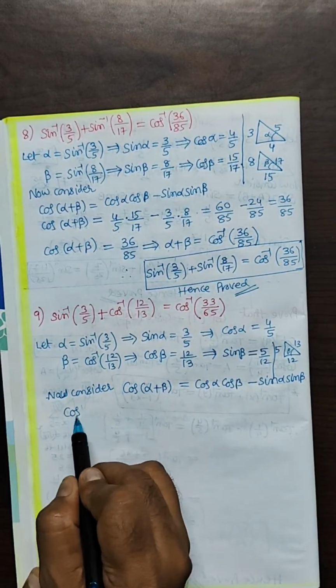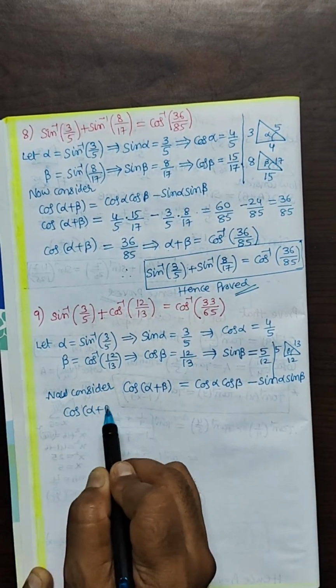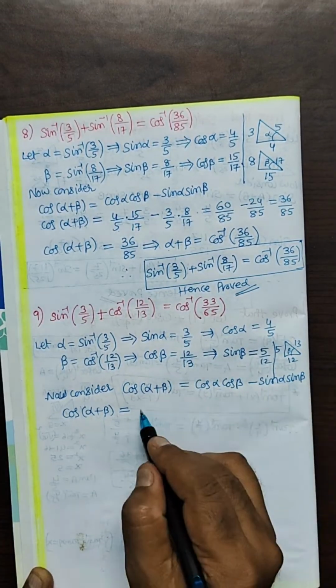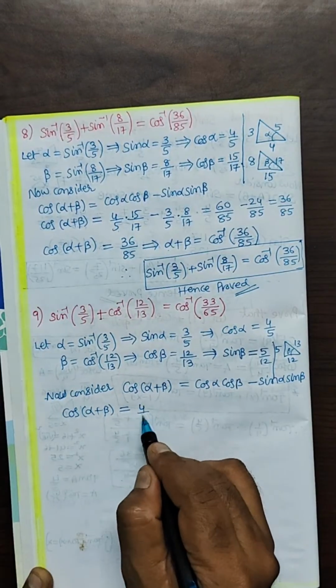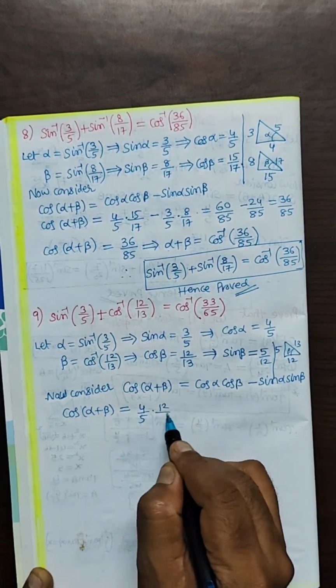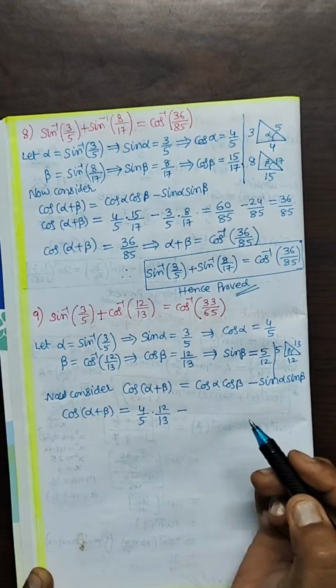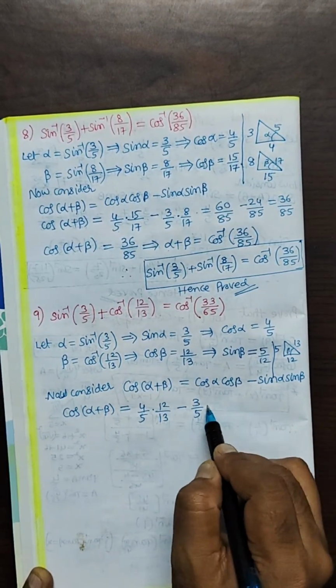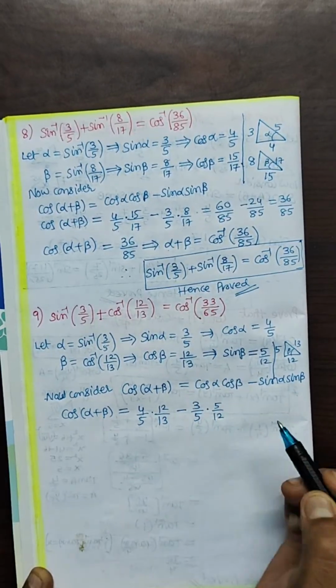So cos of alpha plus beta is equal to cos alpha cos beta. So cos alpha means 4 by 5, cos beta means 12 by 13, minus sin alpha sin beta, 3 by 5 into 5 by 13.